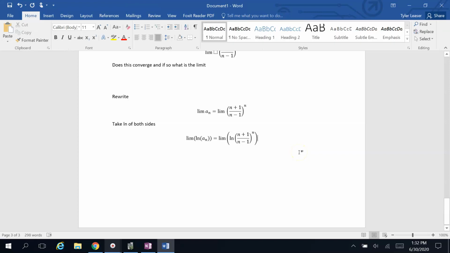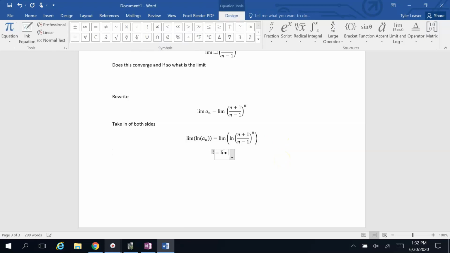I can ignore the left-hand side for now because there's not really much that I can do with that. But on the right-hand side, I can bring that n down as multiplication. So now it's the limit of n times the natural log of n plus 1 over n minus 1.